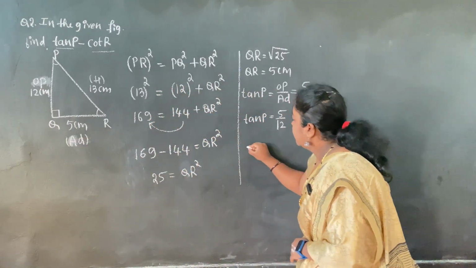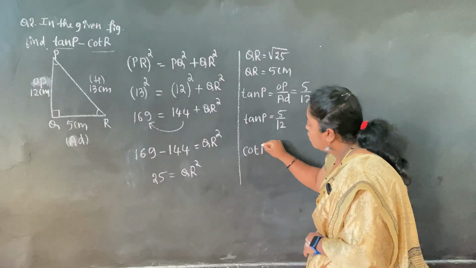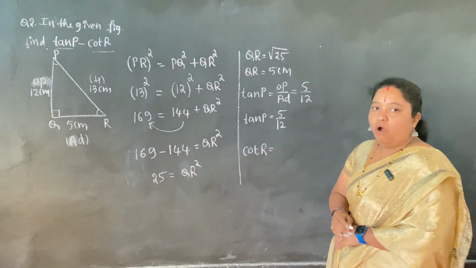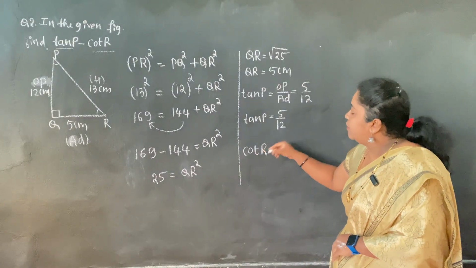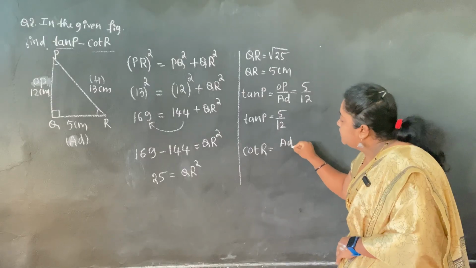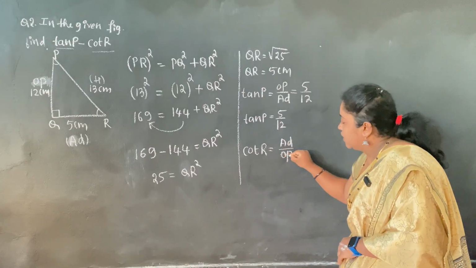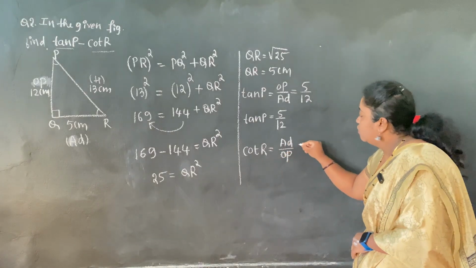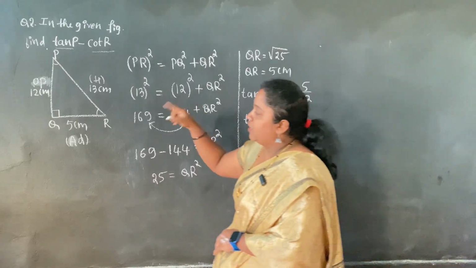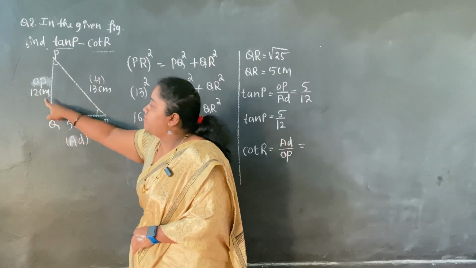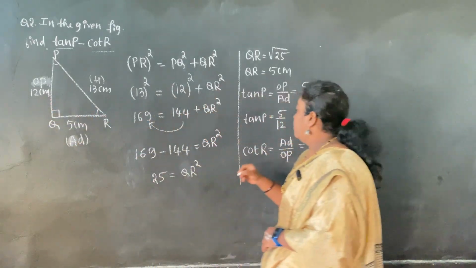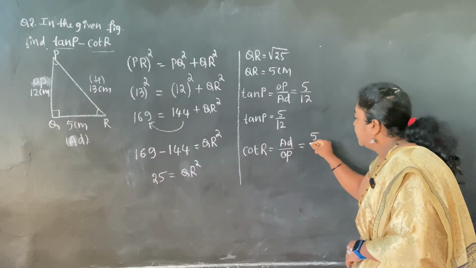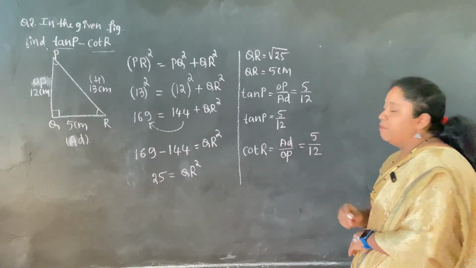Now let me calculate cot R. Now what is the formula related to cot? Cot is nothing but the ratio of adjacent to opposite. Fine. Adjacent to opposite. And now by the given information, adjacent is 5 and opposite is 12. So we'll be having the same thing here, 5 divided by 12.